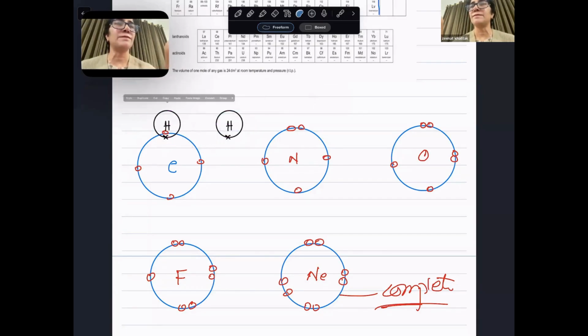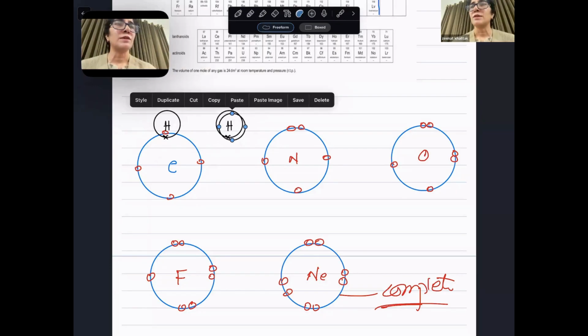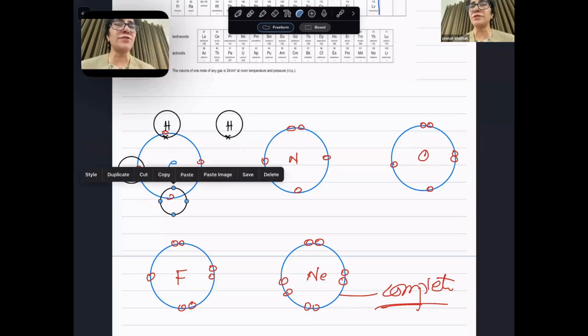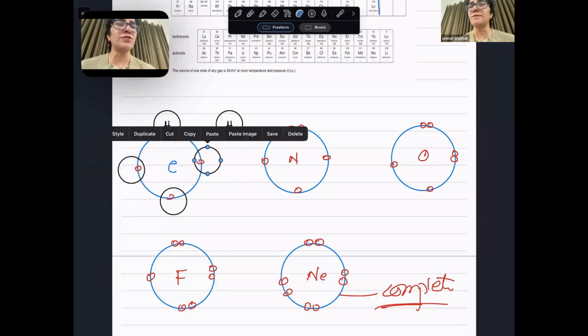Hydrogen, another hydrogen, another hydrogen.